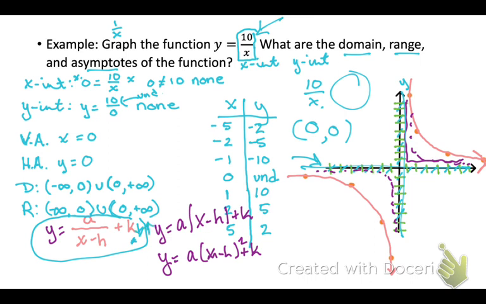So is it going to do horizontal or vertical? It is horizontal. Why, if it goes up and down? Because what's going up and down? The horizontal asymptote. What is h going to do? It moves it left or right, so it's going to be moving the vertical asymptote.